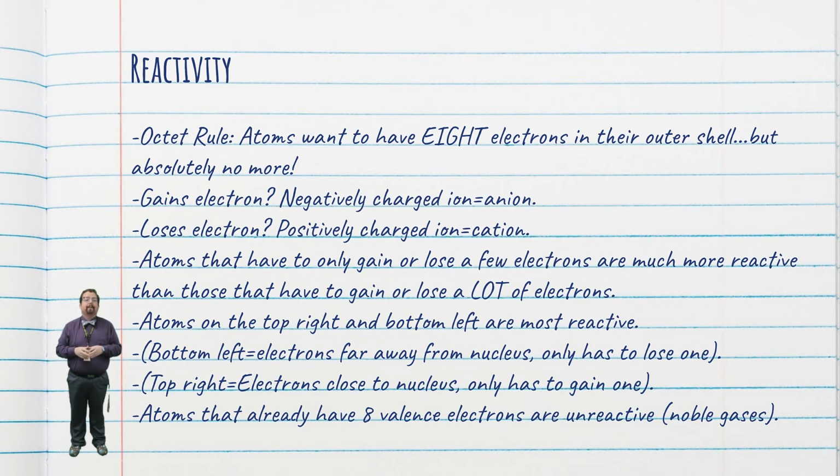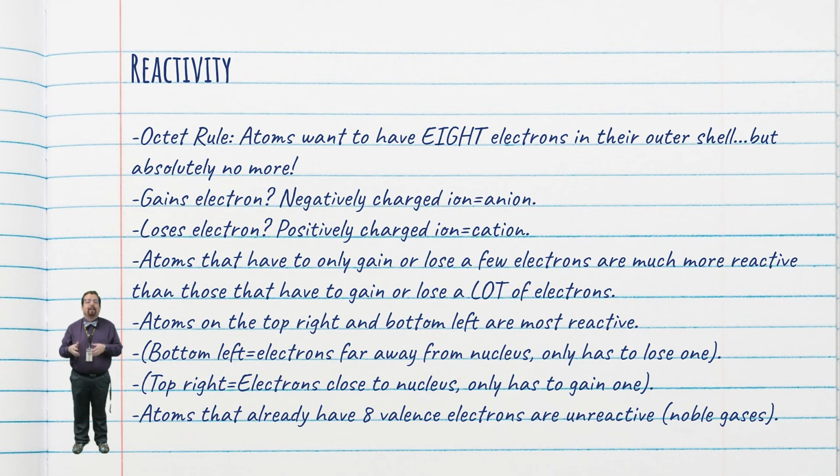Next up is the periodic trend for reactivity. We'll hit on this a lot more in the next few lessons, but simply put, the goal of any atom is to look, at least valence electron-wise, like a noble gas. They do this by gaining or losing electrons to get to 8 valence electrons, or outer shell electrons. This is known as the octet rule.